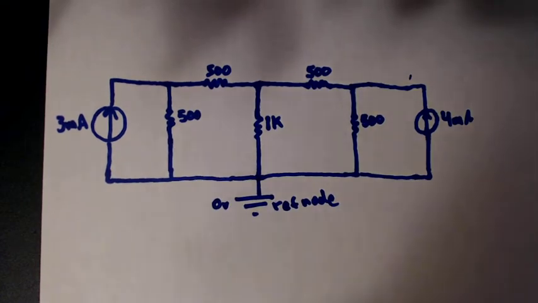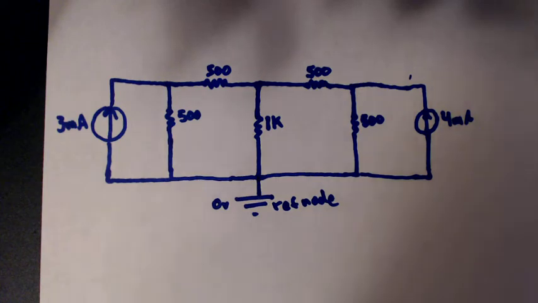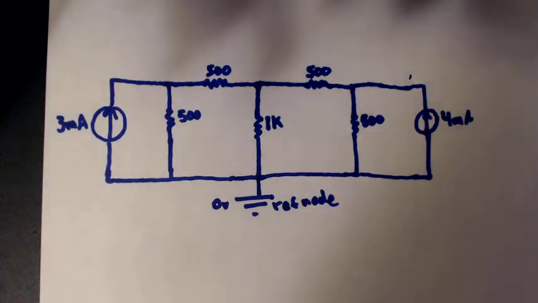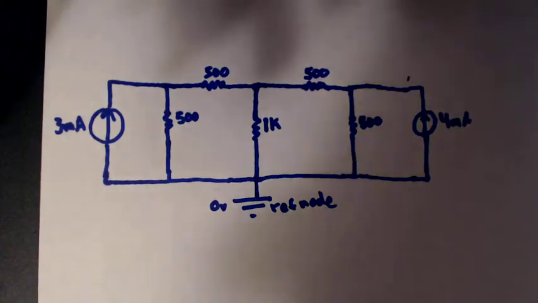That takes care of step number 1. Next up, we need to assign node voltages. So everywhere in this circuit that you see a point that would have a different voltage, we're going to label that as V1, V2, V3, etc. Let's look around this circuit right now.